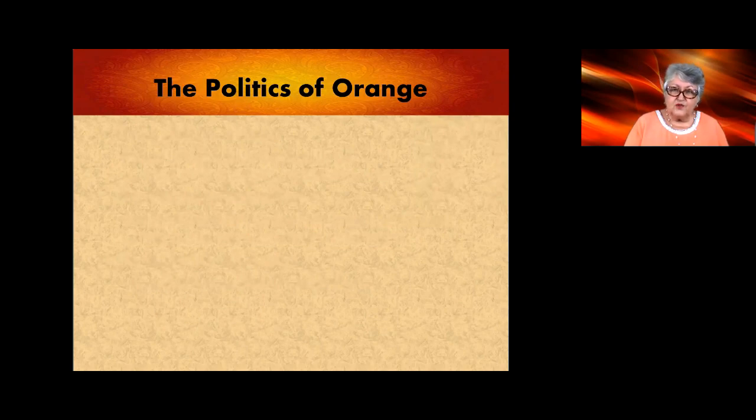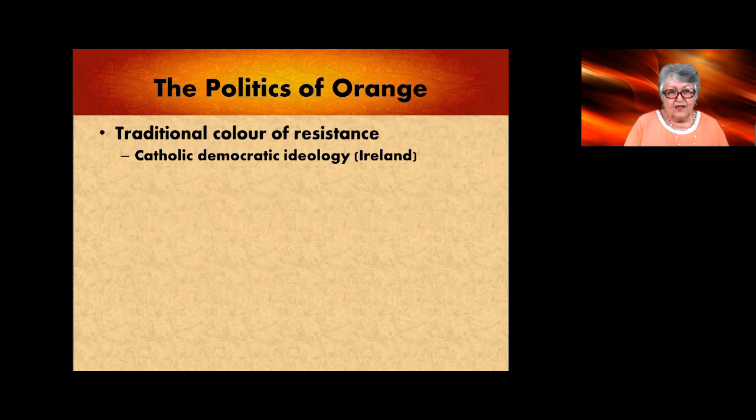Now, this brings us to the politics of orange. It's a traditional colour of resistance, but it's played out in different ways in different cultures. For instance, the Catholic democratic ideology of Ireland uses orange as its major signifier. The post-communist revolution in Ukraine also had orange as its signature colour.